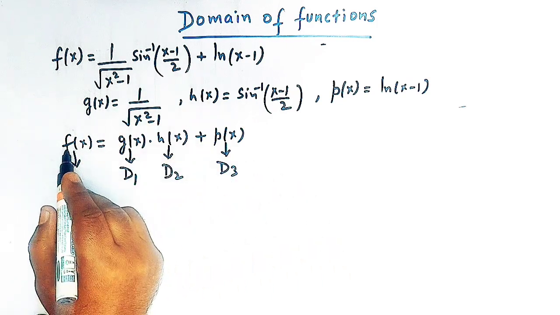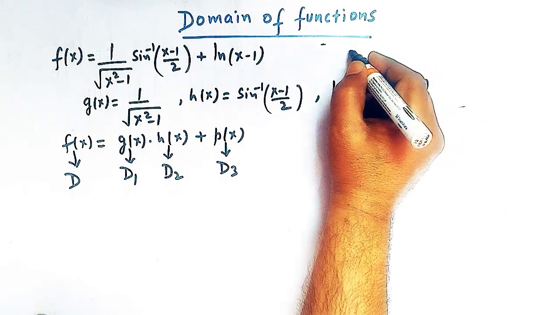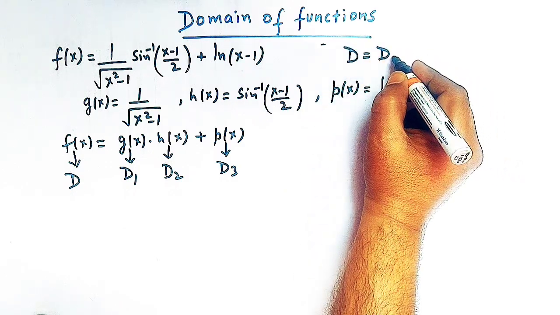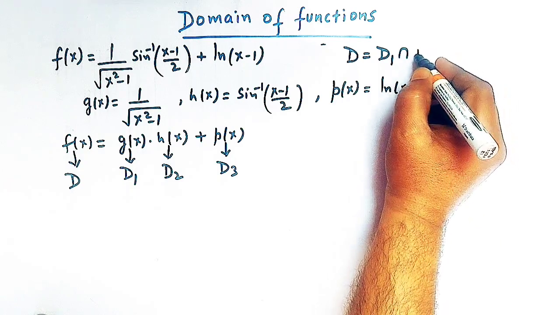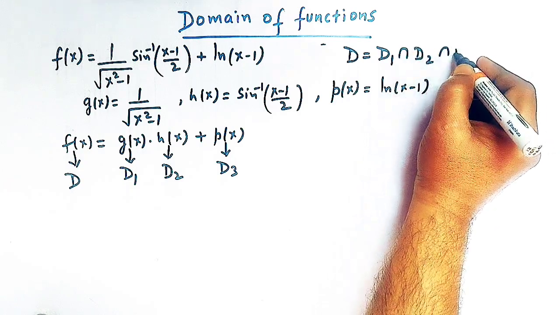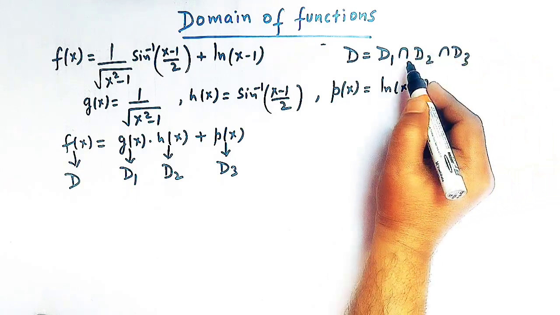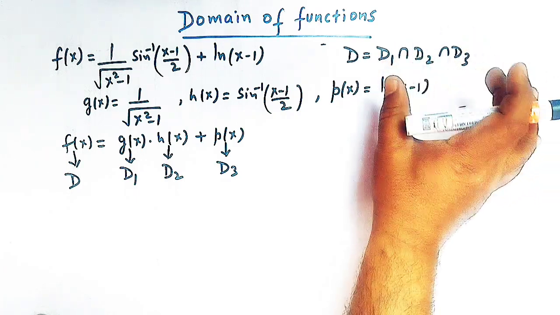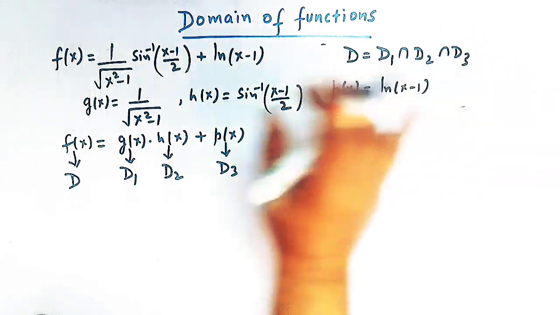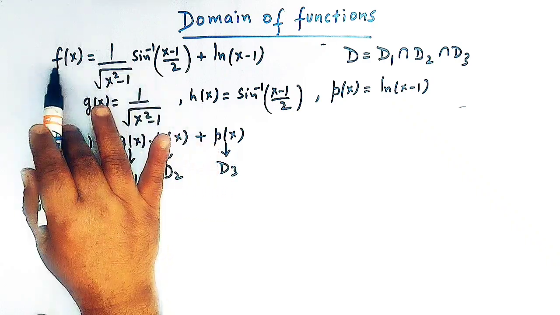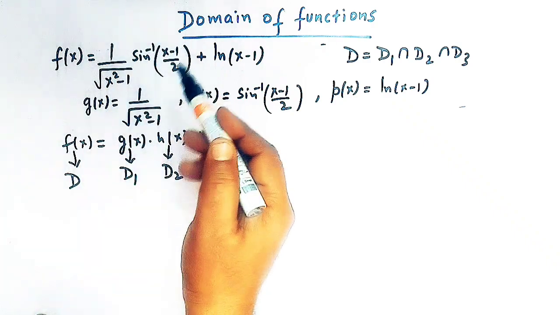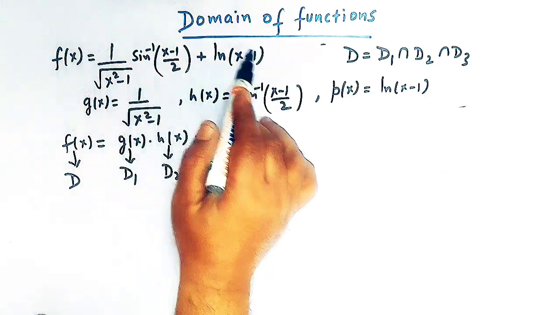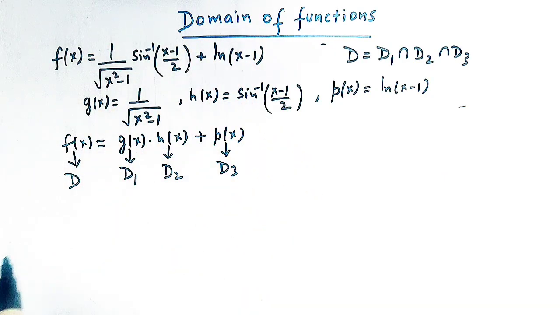So the domain of this function f of x, that is d, can be written as d1 intersection d2 intersection d3. That is, we have to identify the common interval which satisfies this function f of x, or the common values of x for which this function is defined, right?